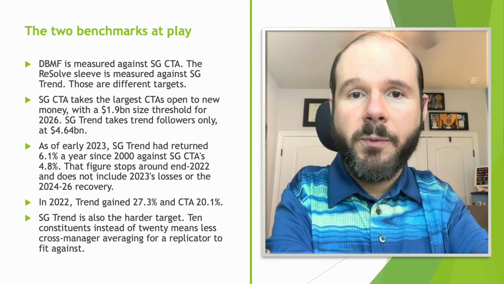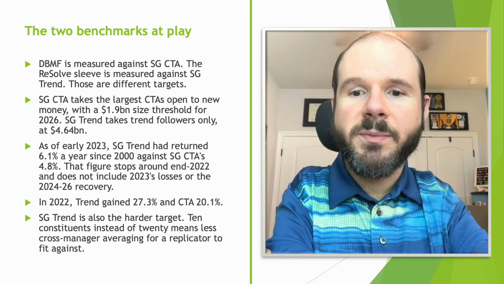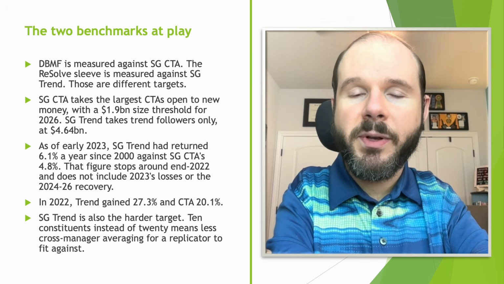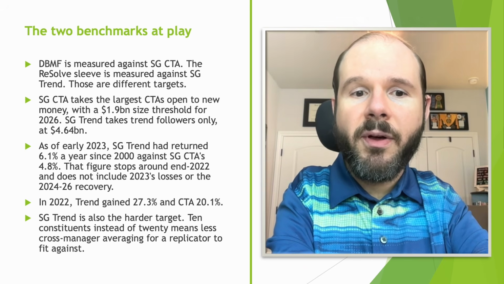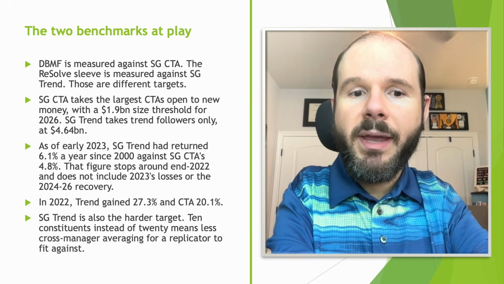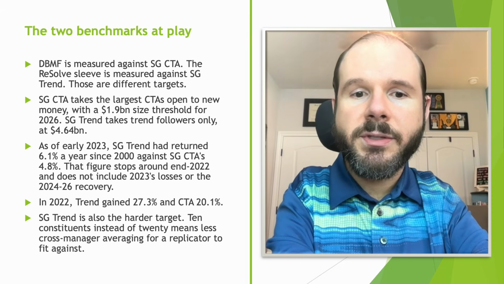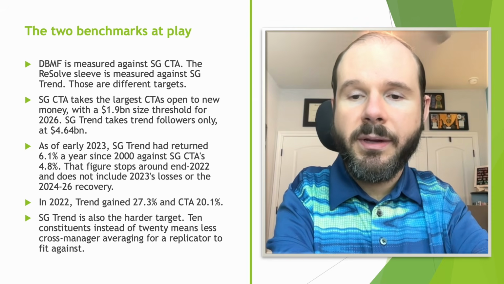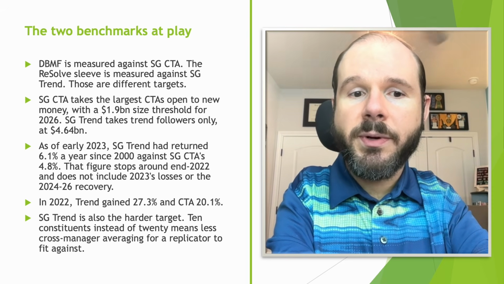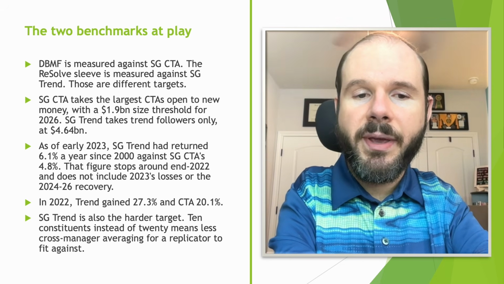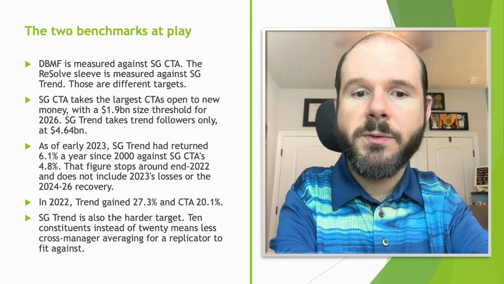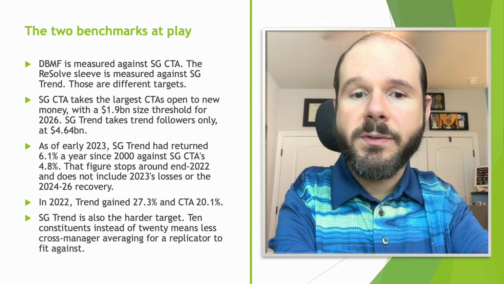There's quite a big difference in returns between these indices over certain windows. They do have a lot of correlation, but the way that they choose their constituents is different. And because the SG Trend Index is more concentrated, it means it's a harder target. It only has 10 constituents instead of 20, and the CTA has the 20.